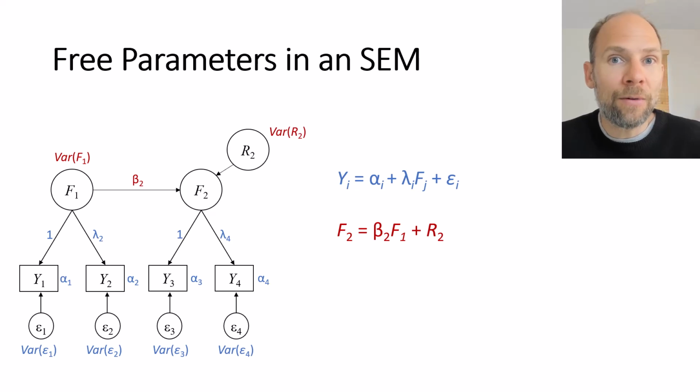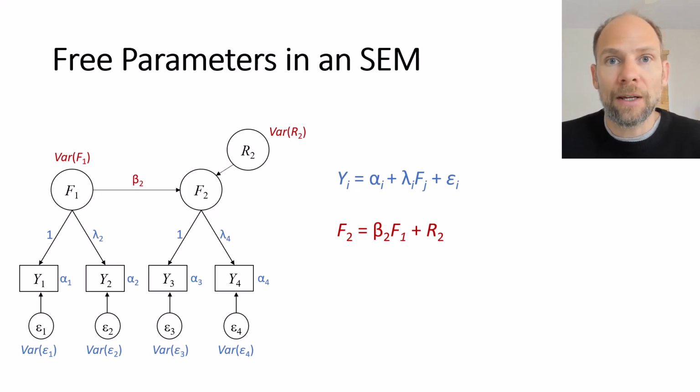And that is a frequent source of confusion because many people think, oh, maybe we should estimate the variance of f2. However, since f2 is an endogenous variable here, a dependent variable that is predicted by another variable in the model, we're not estimating f2's variance.